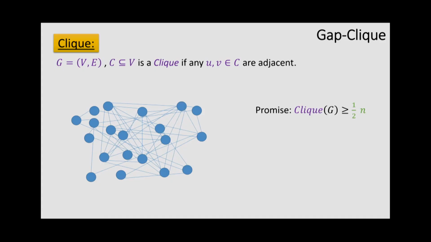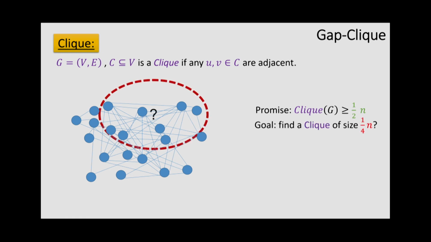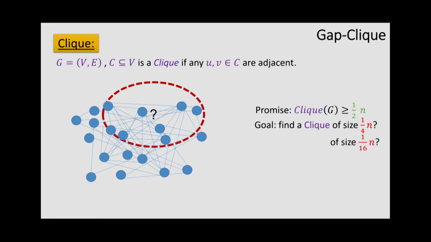So let's try to shoot for the best thing we can. Let's say we are promised a clique of size 50% of the vertices. So what can we do then? 50% is a lot, right? So let's try to get at least a quarter. But we don't know how to do that, so let's try a little less.